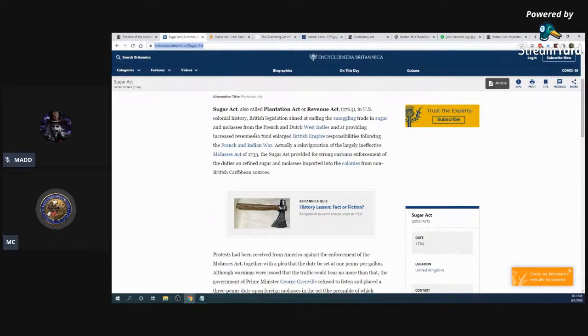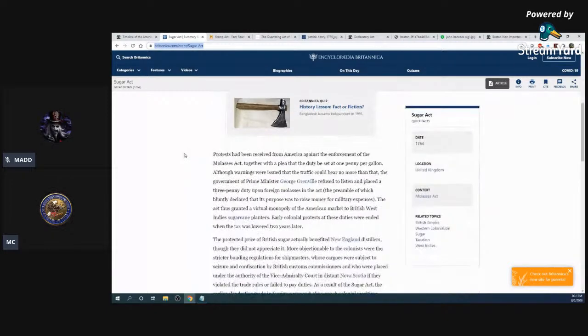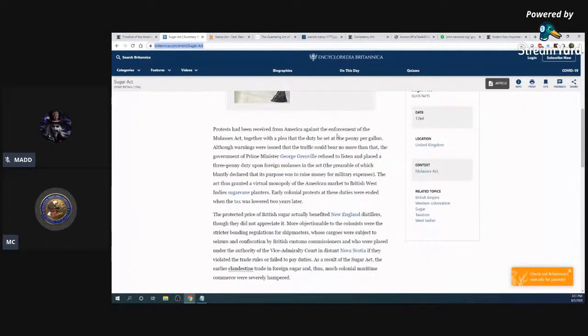Now, this is from the Encyclopedia Britannica, folks. So I want you to understand this. Protests had been received from America against the enforcement of the Molasses Act, together with a plea that the duty be set at 1 penny per gallon. In other words, why is this important? This is important because the colonies are telling people we're willing to accept the fact that Parliament has the right to tax us.